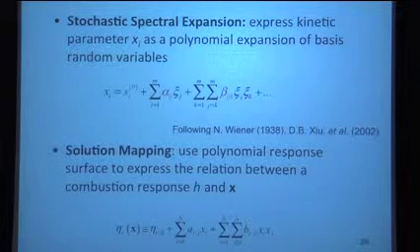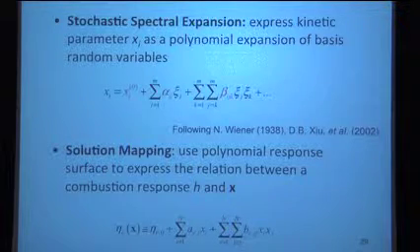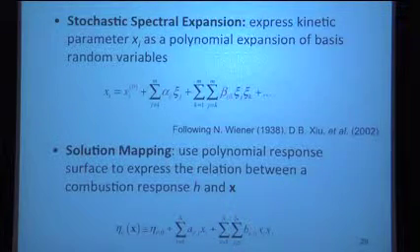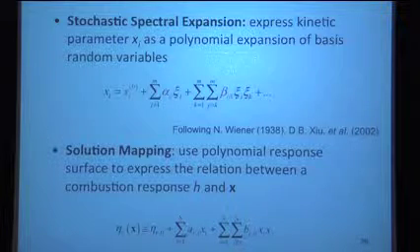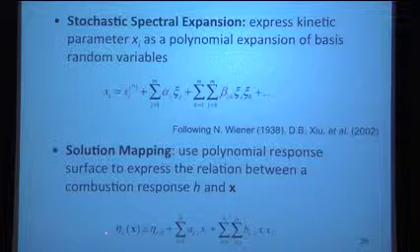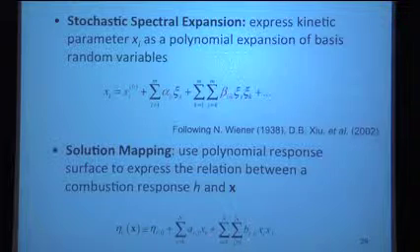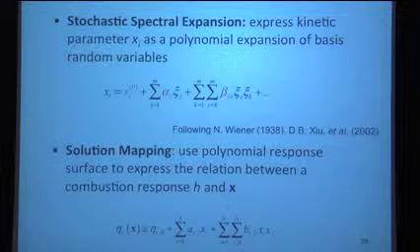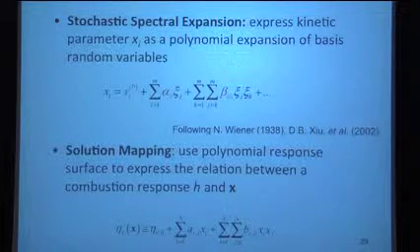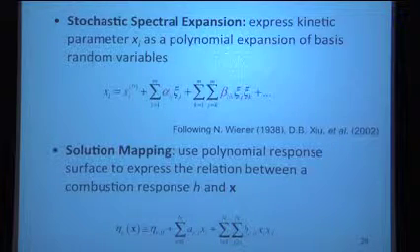So Michael Franklin and I came up with the solution mapping method to recognize that if you do not perturb your rate parameter too much, then what you want to predict, for example, the laminar flame speed, you can represent by a Taylor expansion. Okay, where x here are basically rate parameters. We generalize it. It can be enthalpy of formation. It can be equilibrium constant. It can even be a transport coefficient.